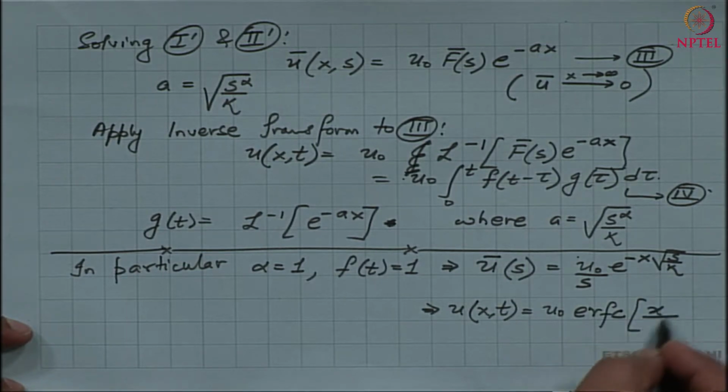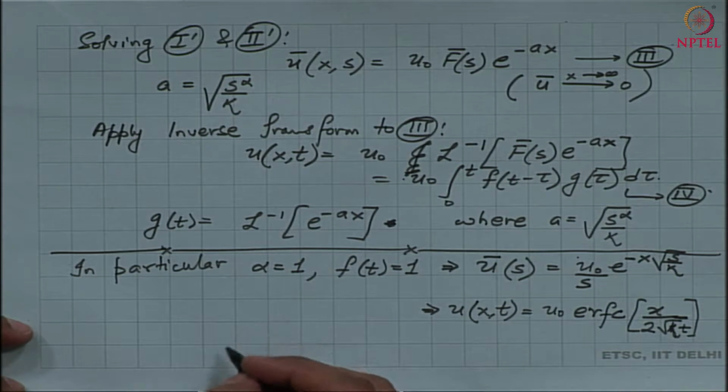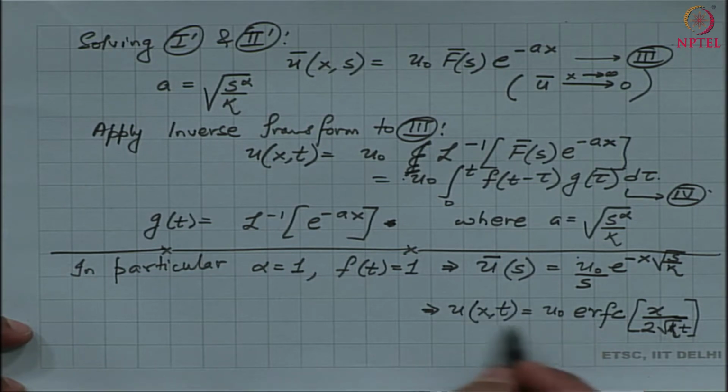So, the argument is x by 2 times square root of kappa times t. Okay. So, I see the following.